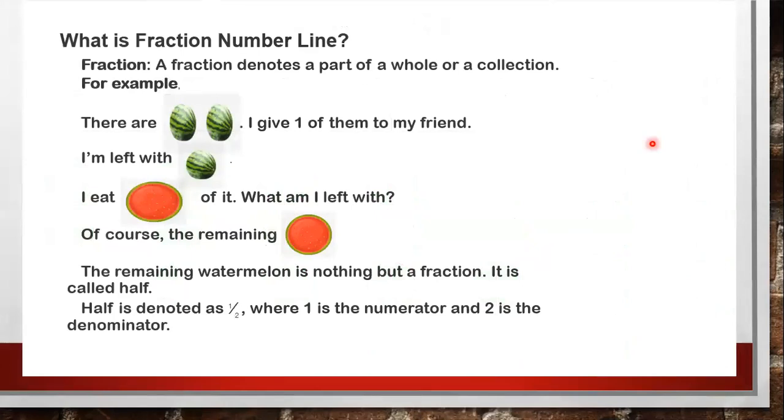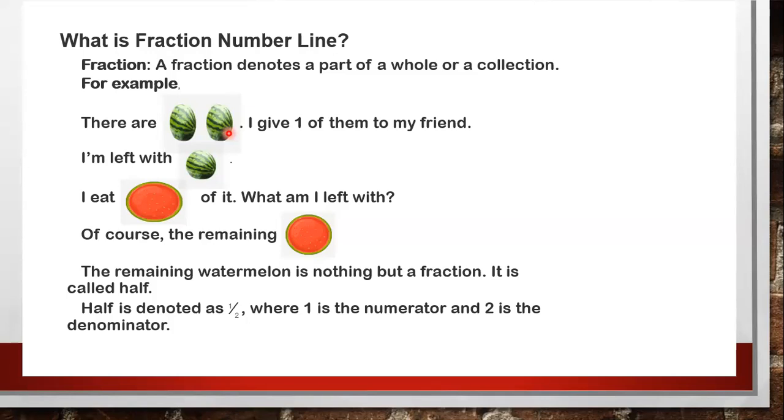What is a fraction number line? A fraction denotes a part of a whole or a collection. For example, look, there are 2 watermelons. I give one of them to my friend.